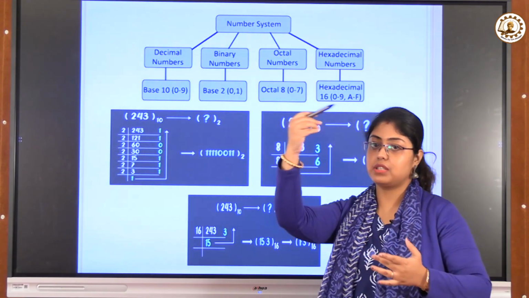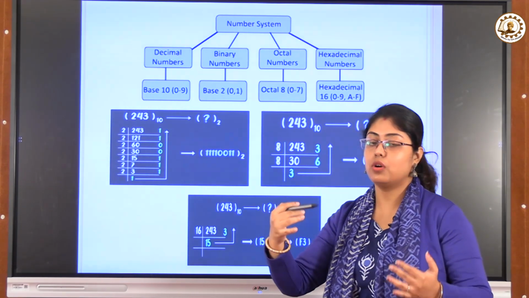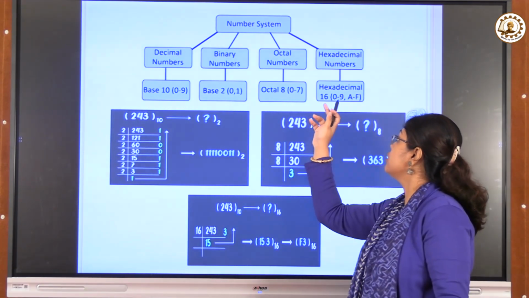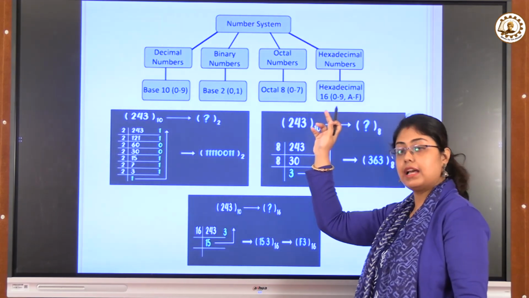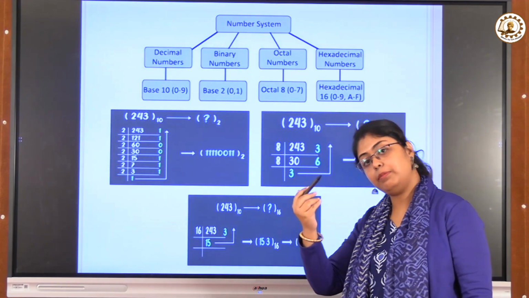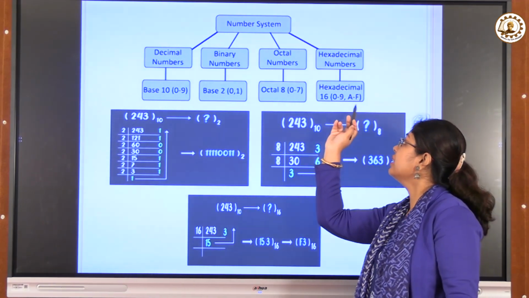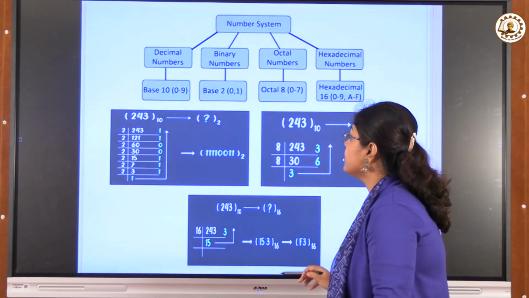As we are starting from 0, the last value will be 15. So it is not 16, it is 0 to 15, and for 0 to 15, 0 to 9 is the range and the other numbers are known as A, B, C, D, E, F. So 10 will be A, 11 will be B and so on. 15 will be F.